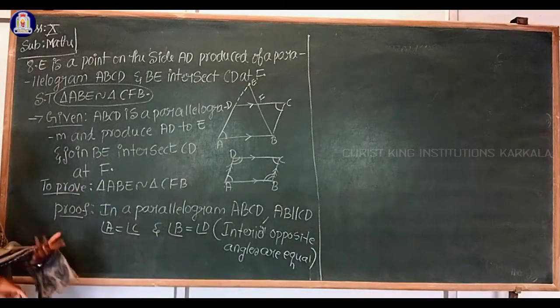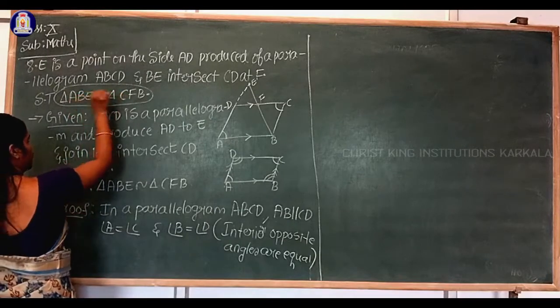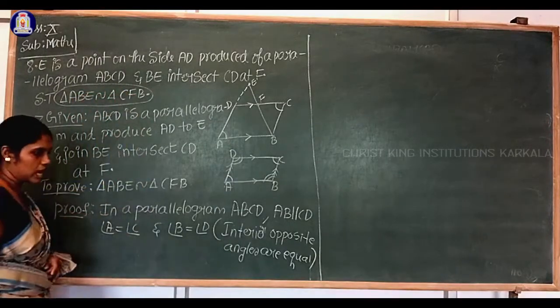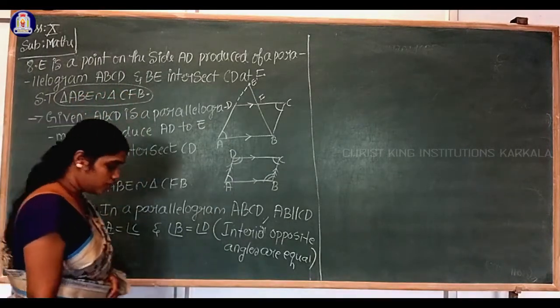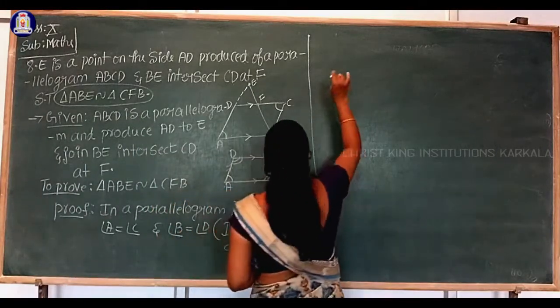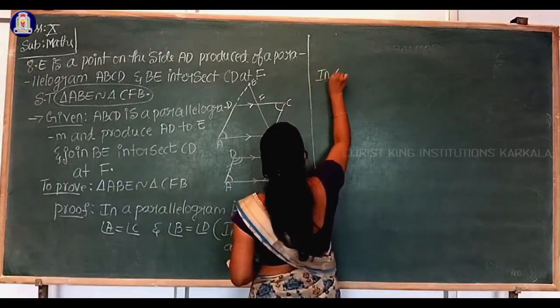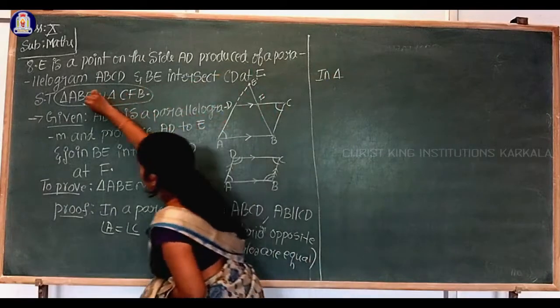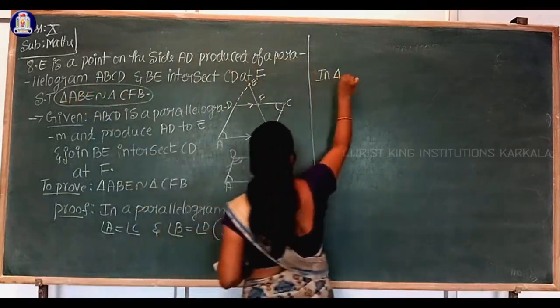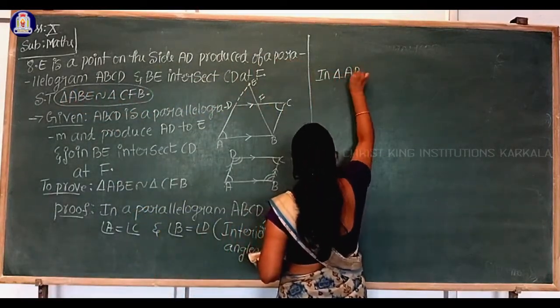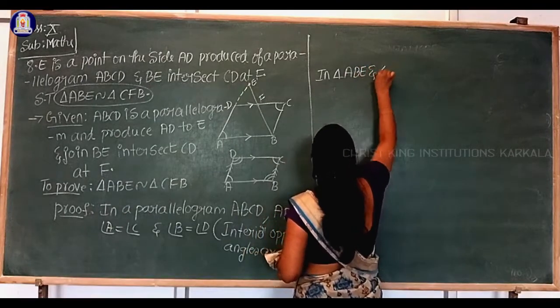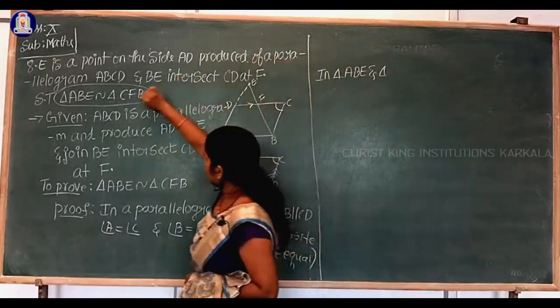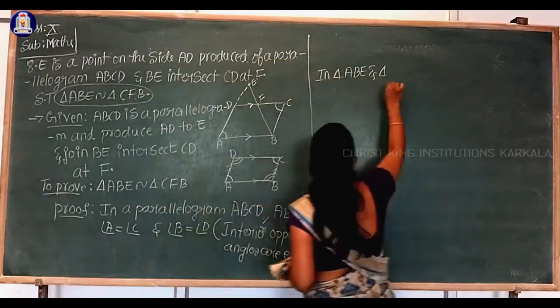Now what we have to prove is that these two triangles are similar. Therefore I will consider those two triangles separately. In triangle ABE, and the other triangle is CFB.